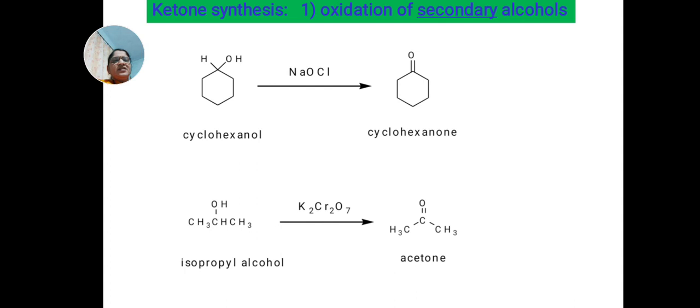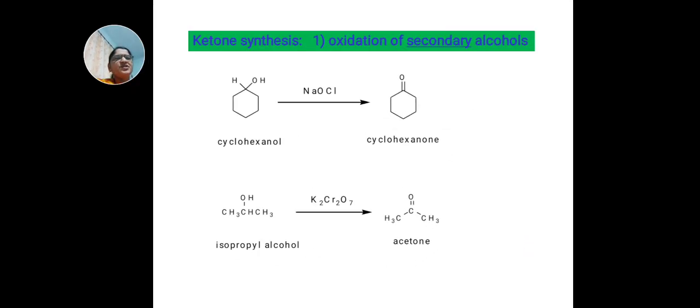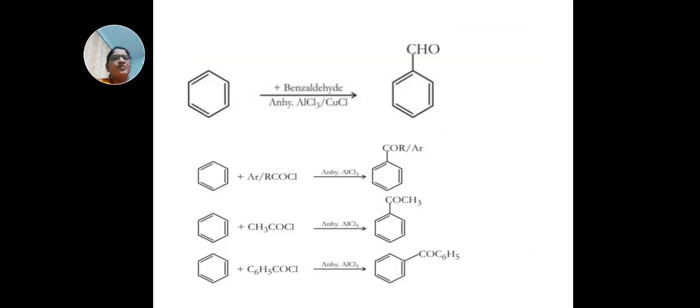Then second is isopropyl alcohol, in which the OH group is attached to the second carbon atom of the isopropyl group, hence the name isopropyl alcohol. Again in presence of potassium dichromate, K2Cr2O7, it gives a ketone. The name of this ketone is acetone.